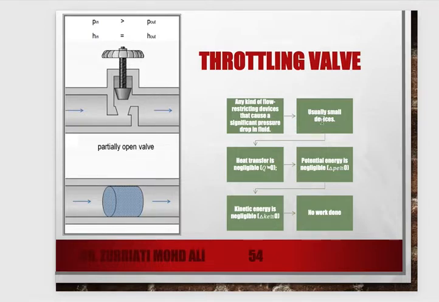A throttling valve is usually a small device. So the characteristics of a throttling valve: we can say that it is adiabatic, potential energy is negligible, as well as kinetic energy. Since there is no fan here, there is no work done.